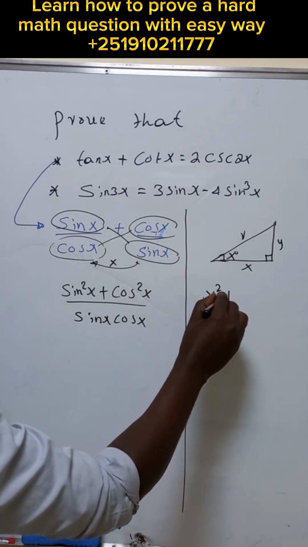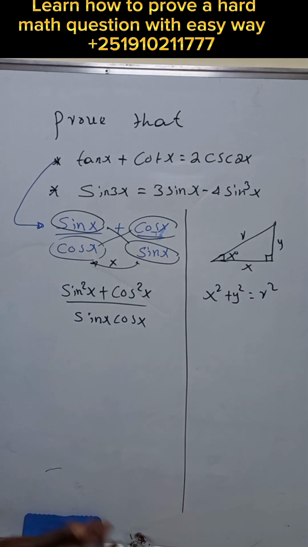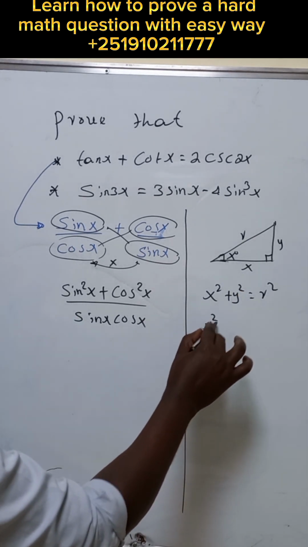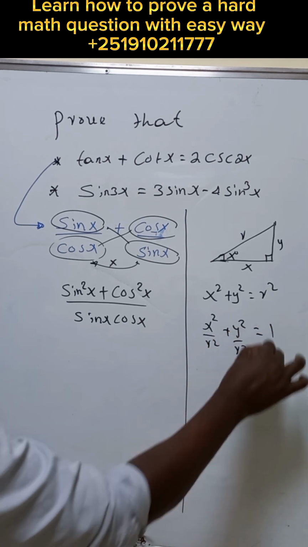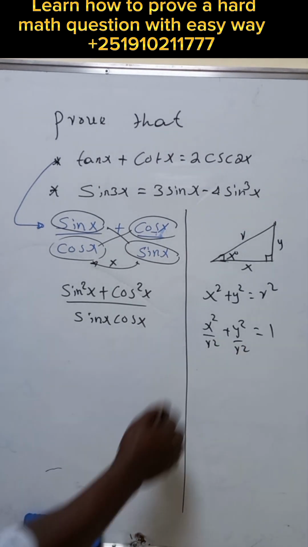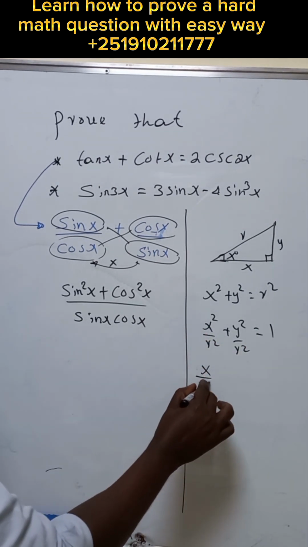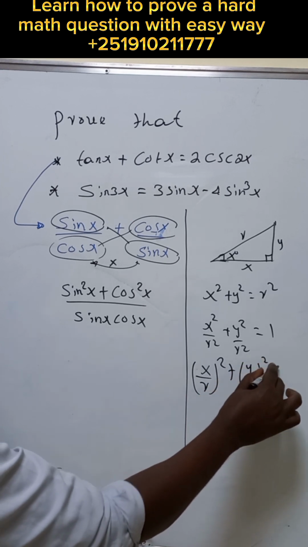Based on the Pythagorean relation, x squared plus y squared is r squared. When we divide both sides by r squared, it is x squared over r squared plus y squared over r squared, which is 1. This is x over r the whole squared plus y over r the whole squared, which is 1.